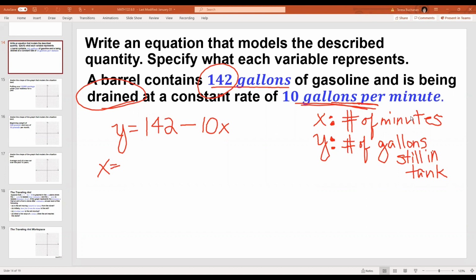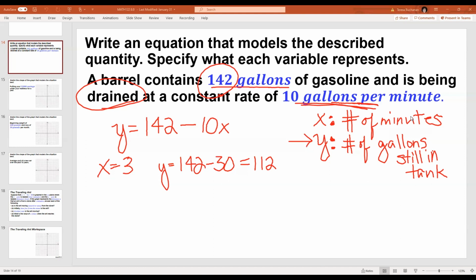If I put in, say, x equal to 3, that means I've drained out 30 gallons, right? It means I have 142 minus 10 times 3, 30. So I could tell you the number of gallons that are still in the tank, 112.